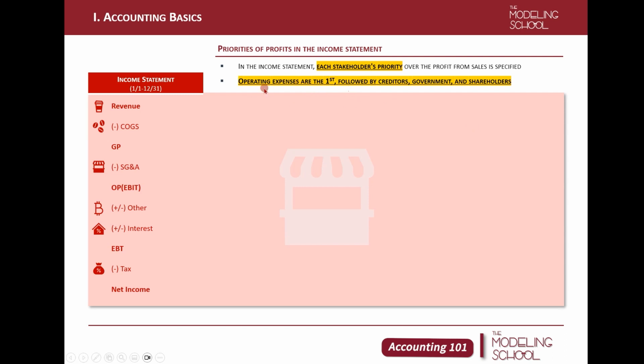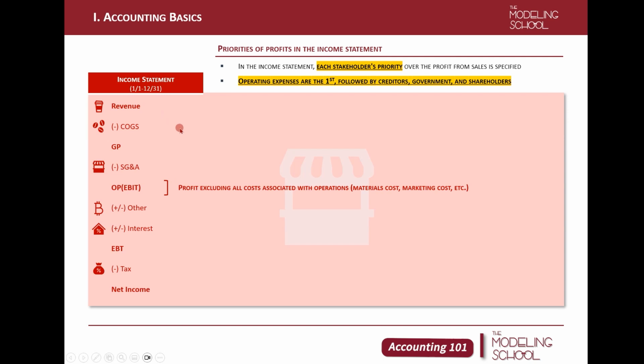The income statement possesses some hidden meanings. It shows each stakeholder's priority over the revenue generated. If we start from the operating profit, the first priority is to pay raw materials and labor costs, marketing costs, all costs related to operations.